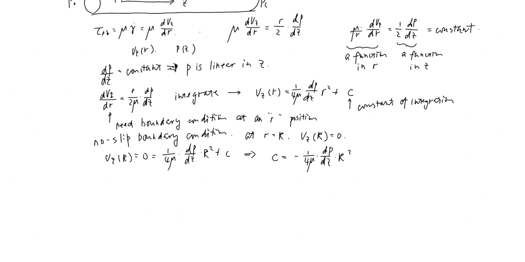Vz as a function of r, is 1/4 mu dp dz, little r squared minus capital R squared. Sometimes people would like to take out the capital R's.